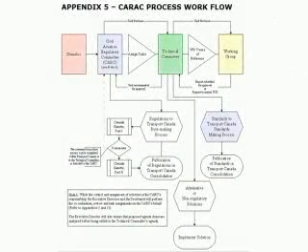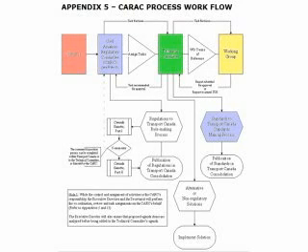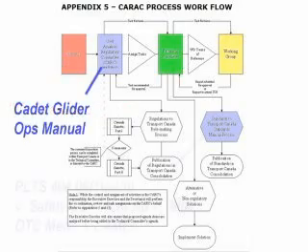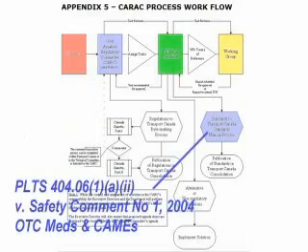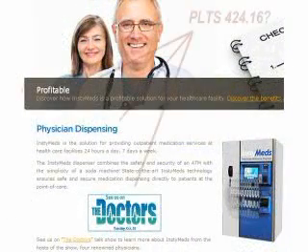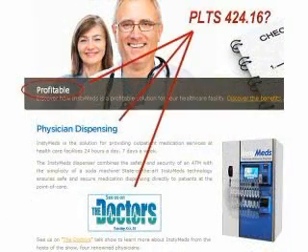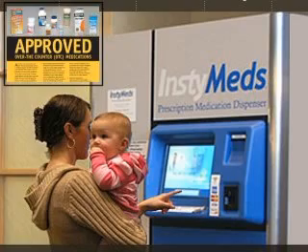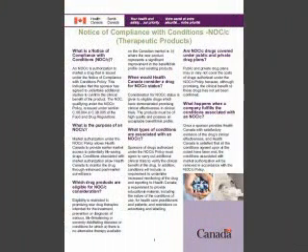So this is the CARAC process workflow, and the units can be broken out into meds as directed, where we need the precise nature, time frame, and follow-up to match with the Cadet Glider Manual and this article on safety comment. So there's certainly far more prescriptions out on the street than there are CAMIs, and this InstiMeds draws on to the fact that it's profitable, but perhaps not that safety-oriented.